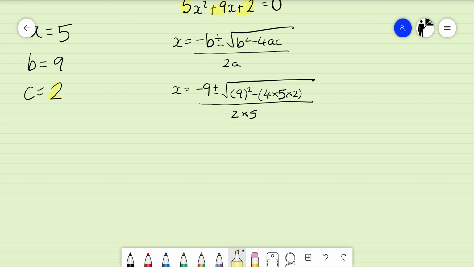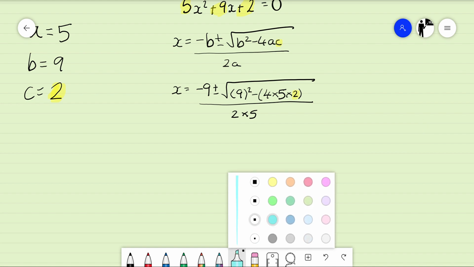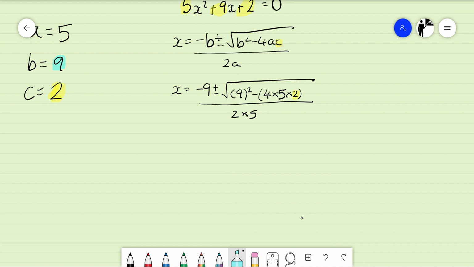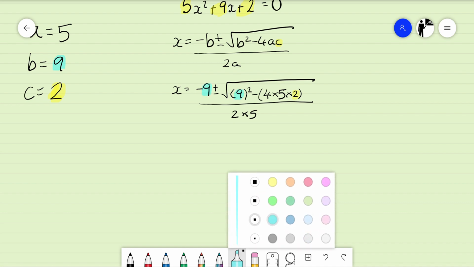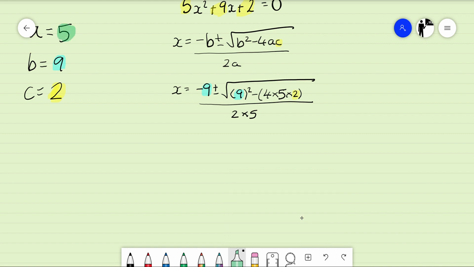Okay, so what I've done there is I've substituted the value of c here, the value of b here, and the value of a here. Actually, I've substituted the value of a here.